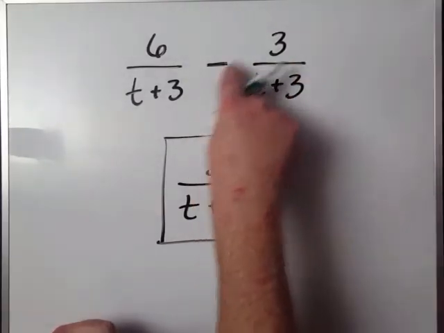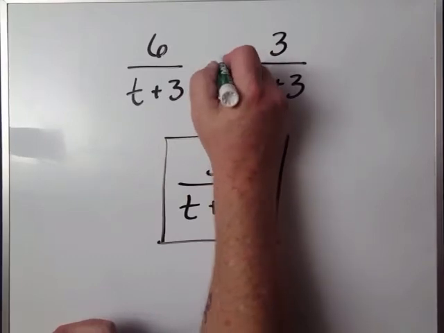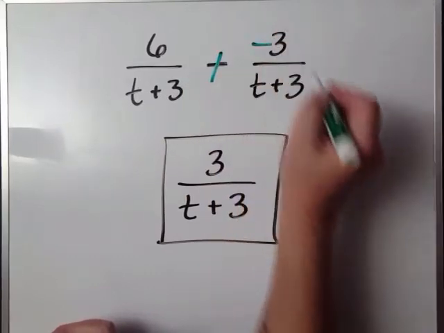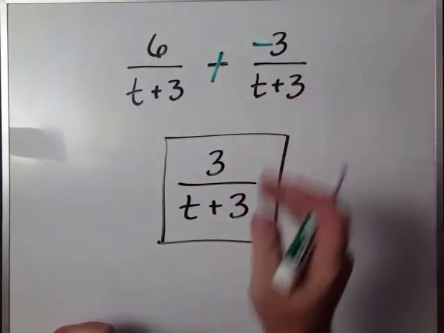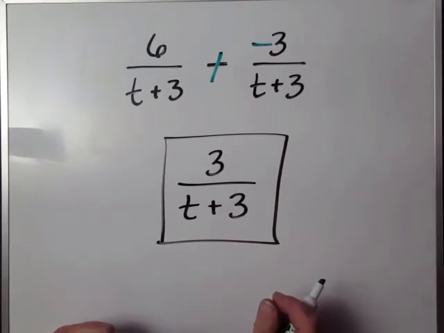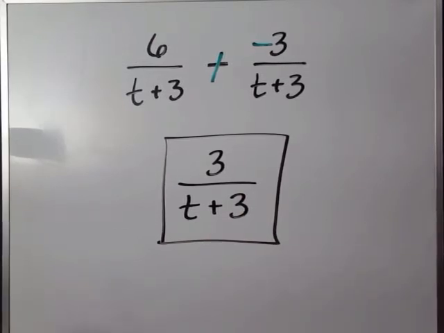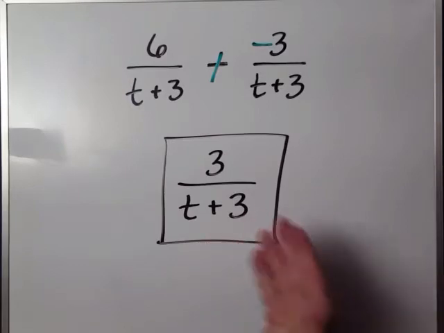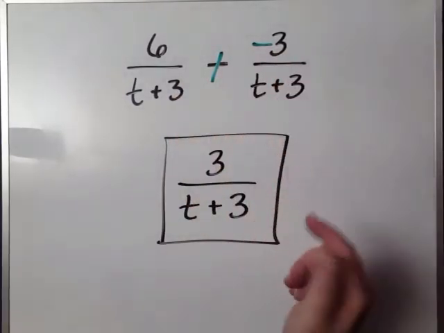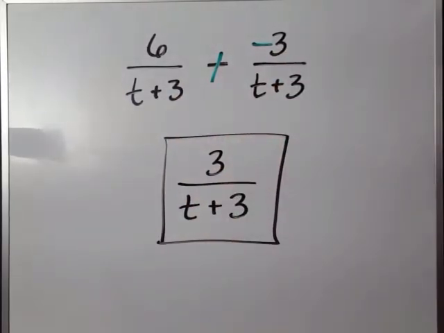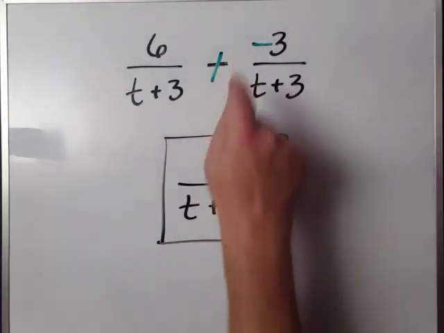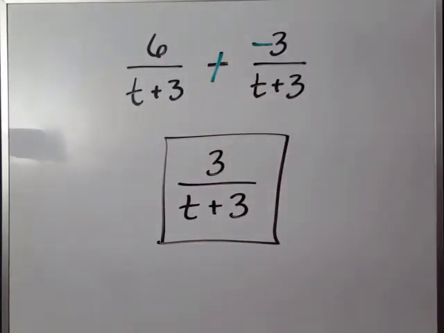Well, let me give this negative to the top. In other words, let me distribute this negative to each term. Well, there's just one term there in the top. And now this is an addition problem. We get the same answer. 3 plus a negative 6 is still positive 3 for my numerator. But this idea will go a long way to keep us from losing dumb points, right? From silly sign mistakes.